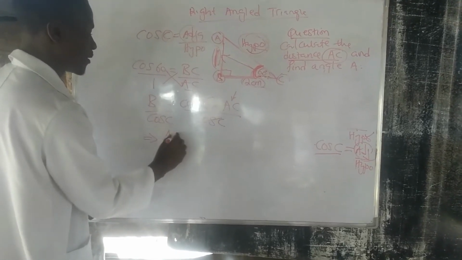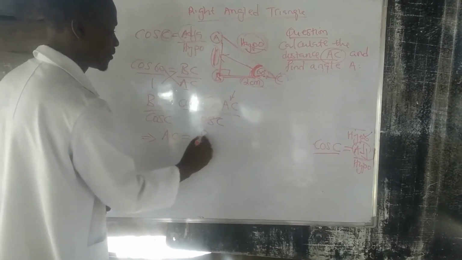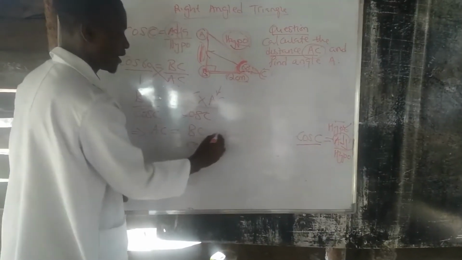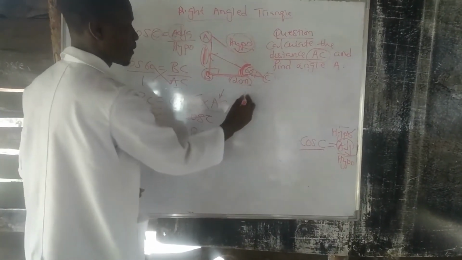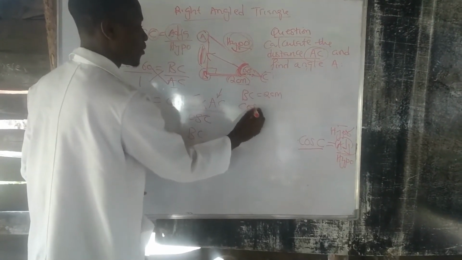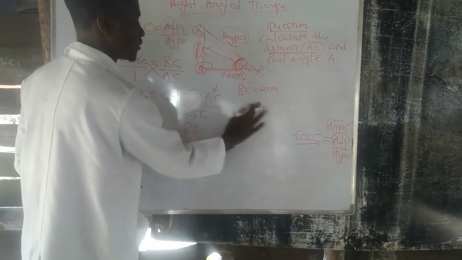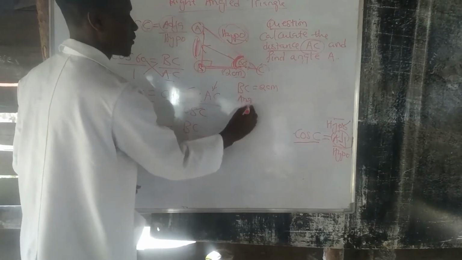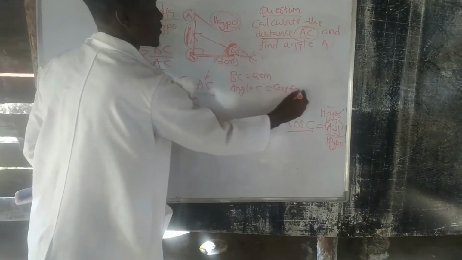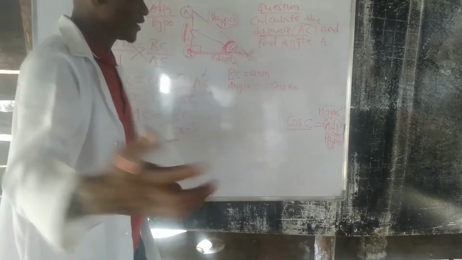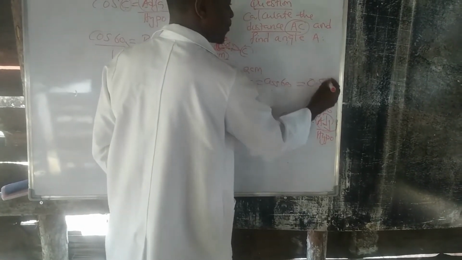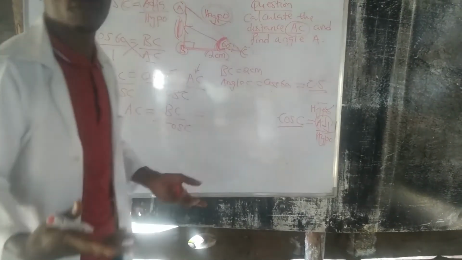Therefore, AC equals BC over cos C. Therefore, what is your BC? Your BC equals 2 centimeters. And then your angle C equals cos 60. When you get your calculator, you find that cos 60 equals 0.5 for the sake of simplicity.